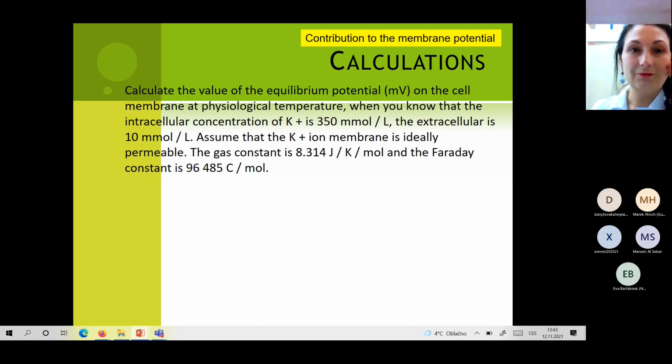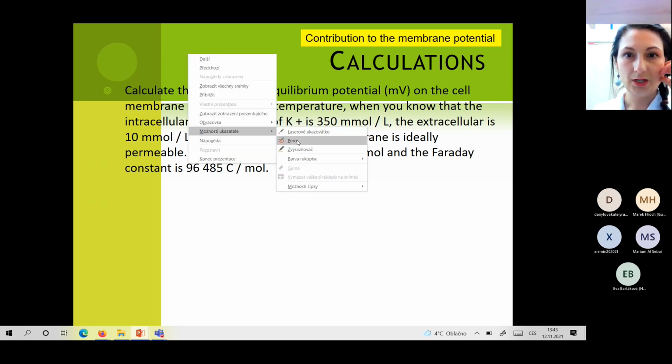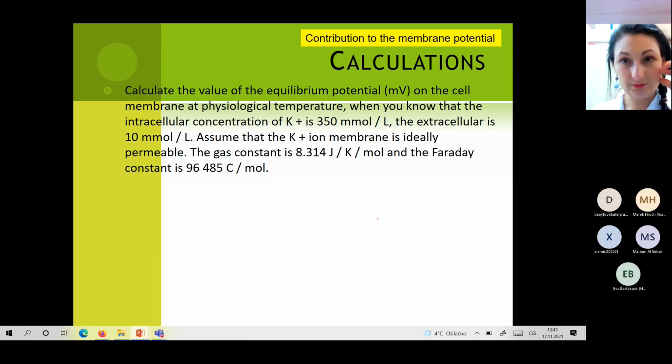So calculate the value of the equilibrium potential or resting membrane potential, they are synonyms, in millivolts on the cell membrane at physiological temperature. So what is the physiological temperature, Xiamin? In kelvins. I mean, human physiological temperature.